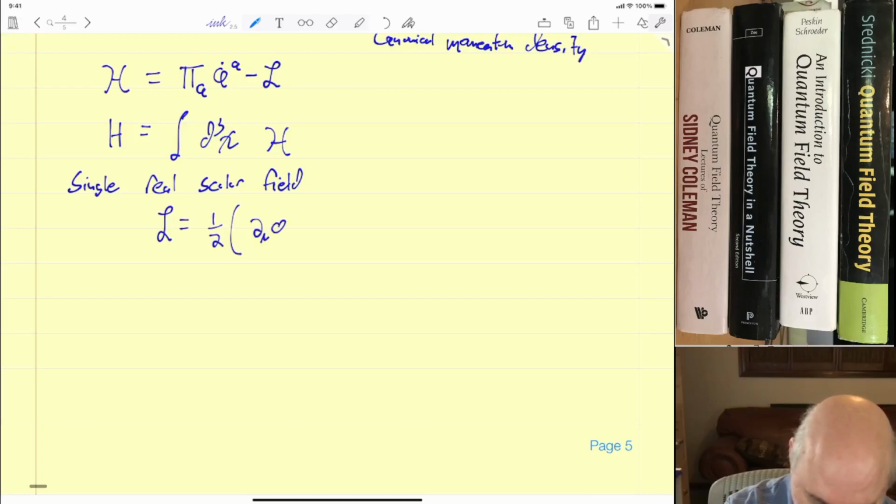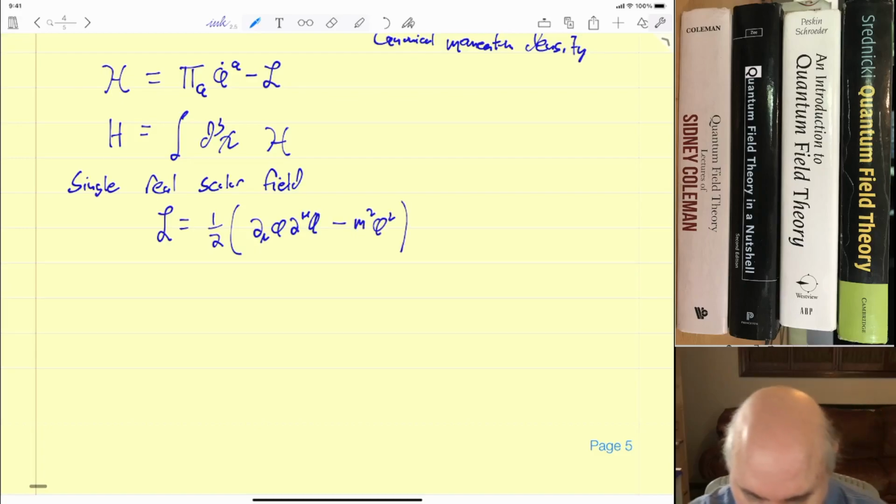We want Lorentz covariance, and basically this is going to be the only one that works. To get something covariant out of a scalar field, the simplest choices are to square it, or we could take the derivatives and take a dot product of derivatives.